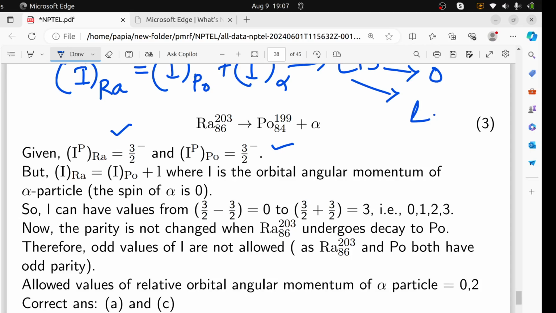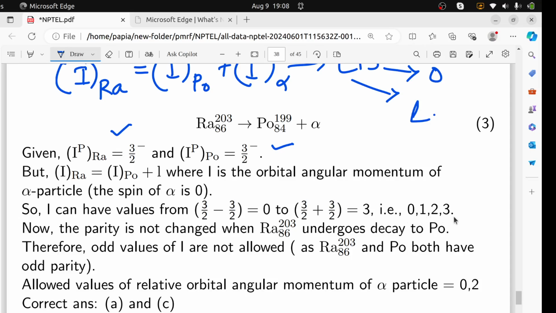Why can I do that? This is the quantum mechanical addition. So obviously you can understand what the value of L will be. I mean, how many possible values of L should be there? So 0, 1, 2, 3.